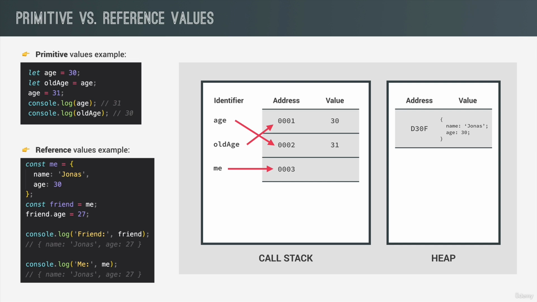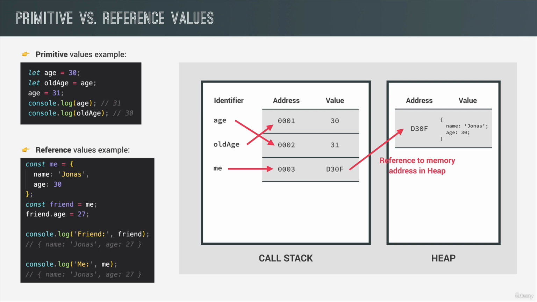And this new piece of memory will then point to the object that's in the heap by using the memory address as its value. In other words, the piece of memory in the call stack has a reference to the piece of memory in the heap which holds our me object. Okay? And that's the reason why we call objects reference types in this context.